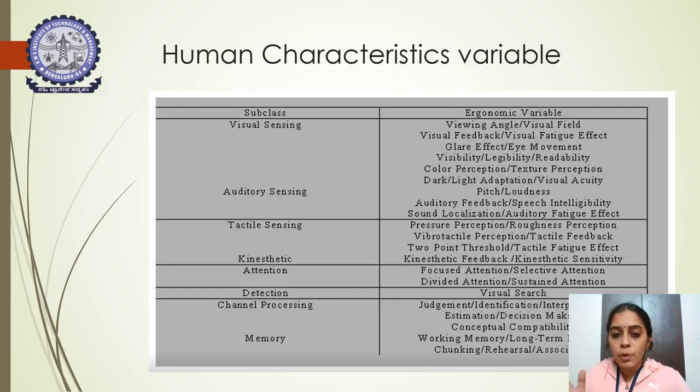Suppose you have made a product and it should be perceived through visual sensing and auditory sensing, and even in visual sensing, different types of perceptions and visual loudness are needed, which will be identified by human beings only. Along with that, the audio sensing will also be checked: the loudness, the fatigue effect, the sound clarity, the localization, all will be checked by human beings only.